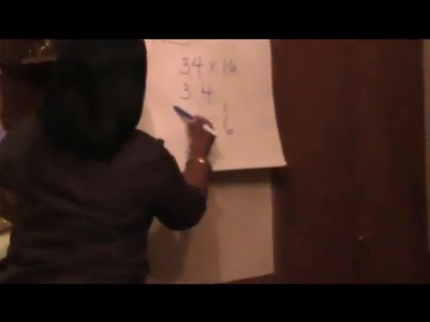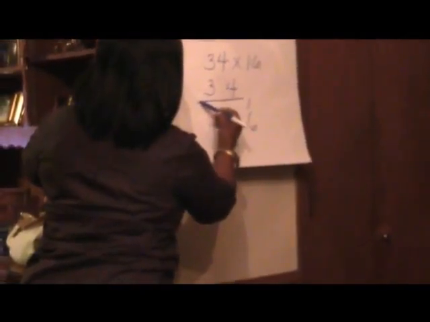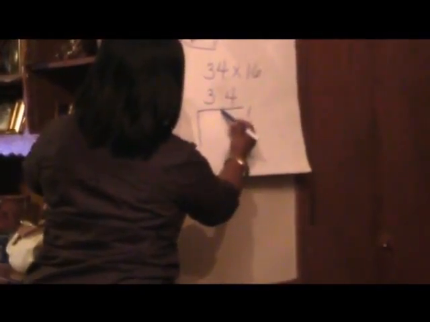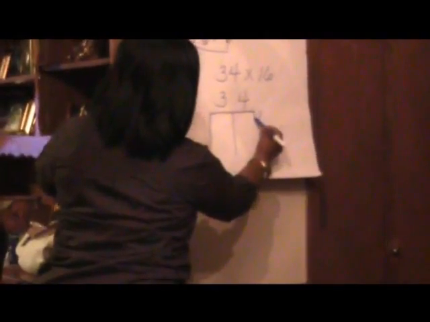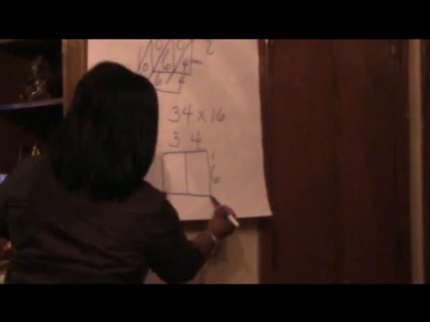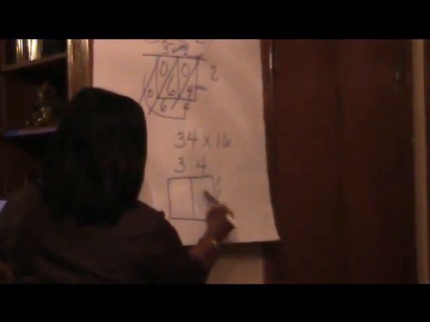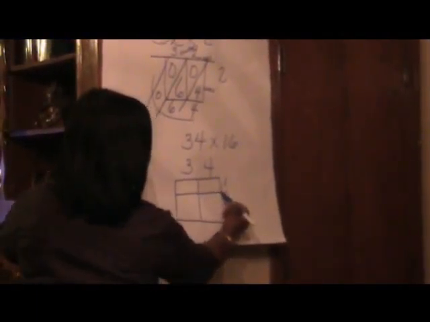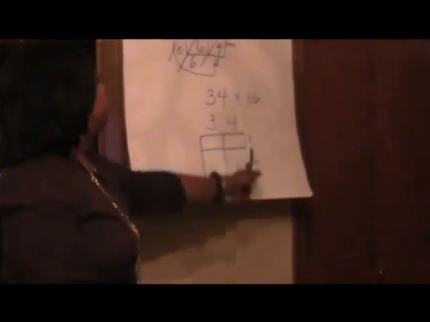I'm going to set the problem up and draw the grid. I'm going to make the columns for 3 and 4, and I'm going to make the rows for 1 and 6. You have 2 columns for 3 and 4, and you have 2 rows for 1 and 6.